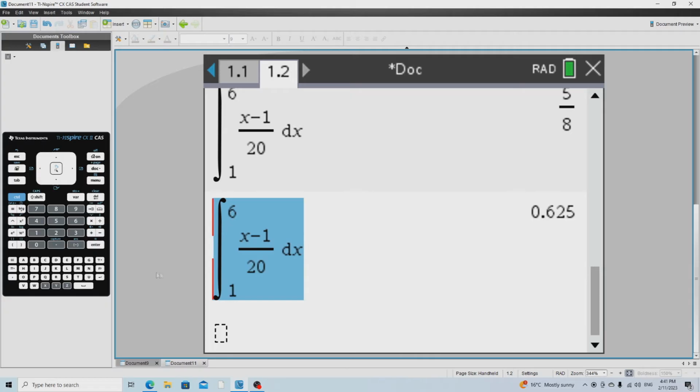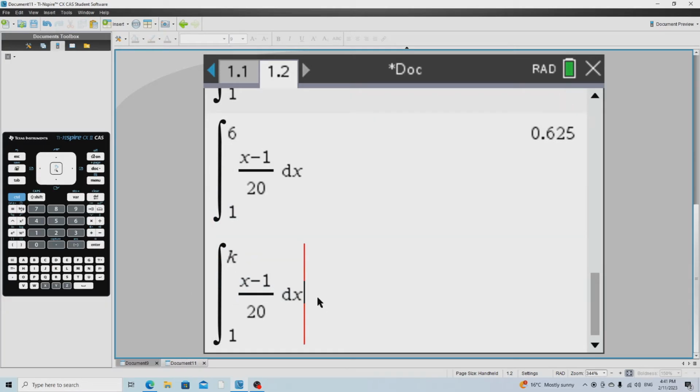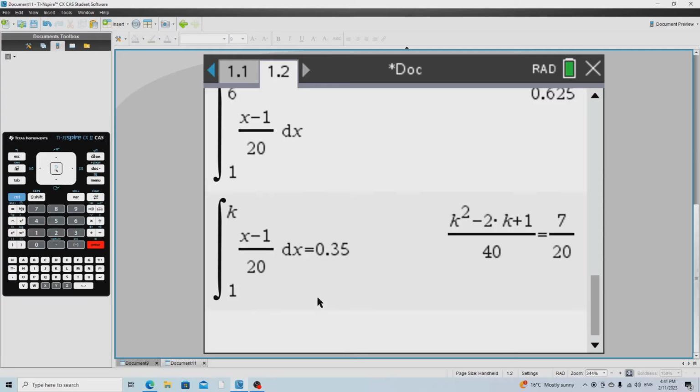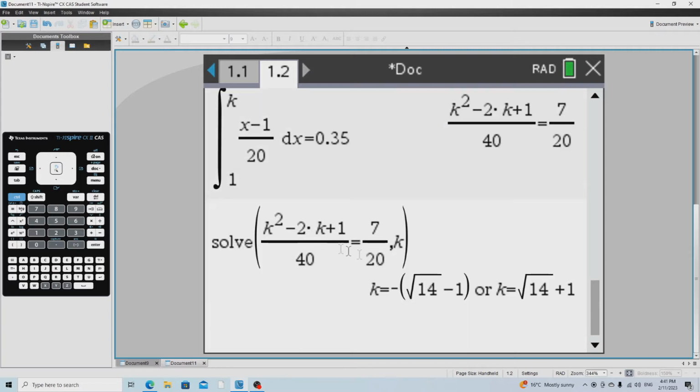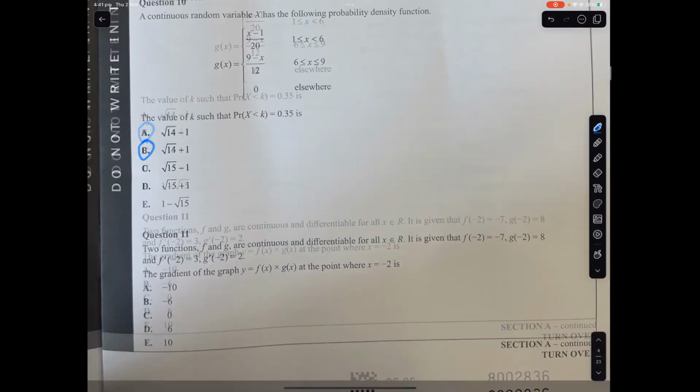So I would change this to k and let this equal 0.35. And I will solve for k. We need k to be greater than 0, so it's 1 plus root 14. So question 10 is B.